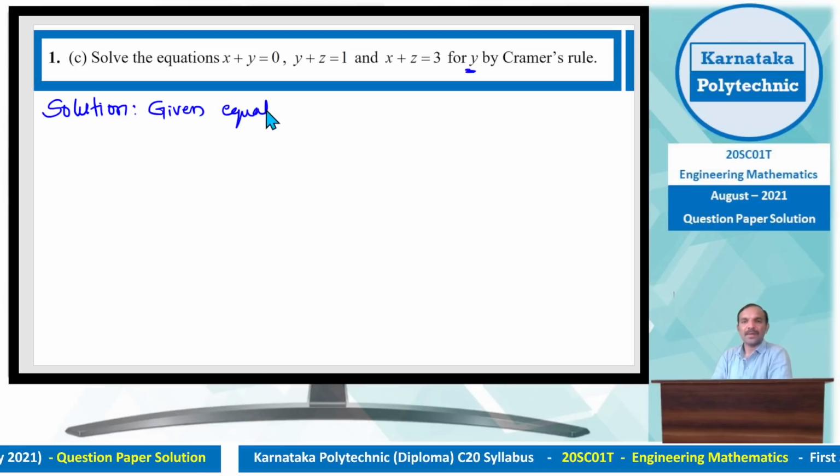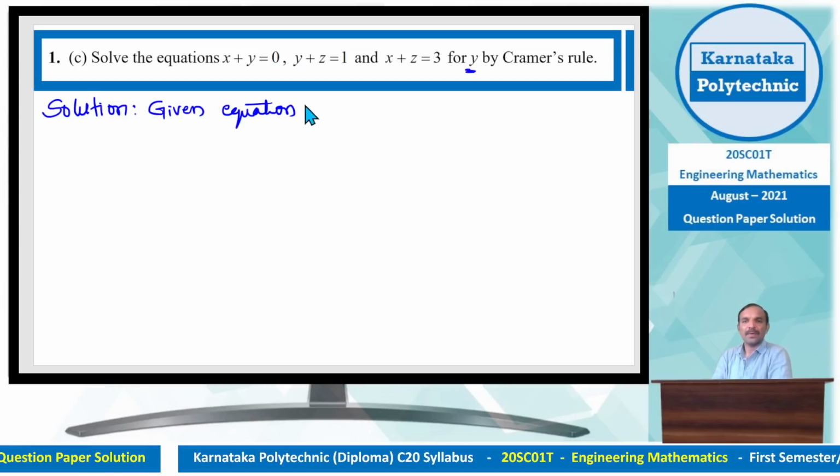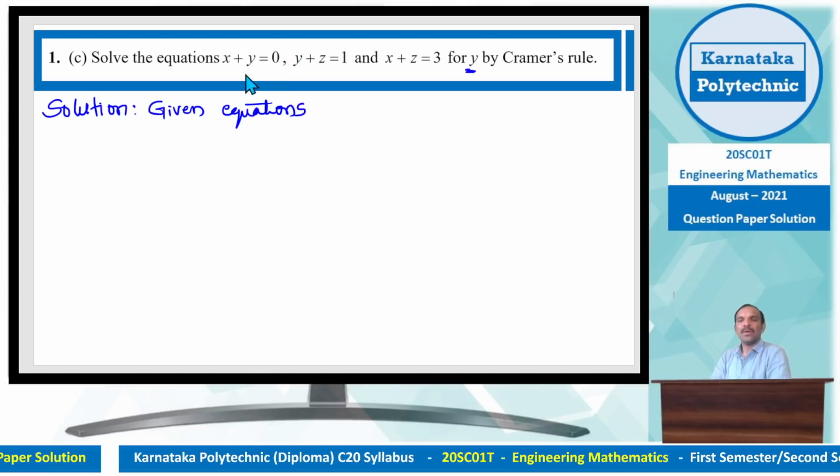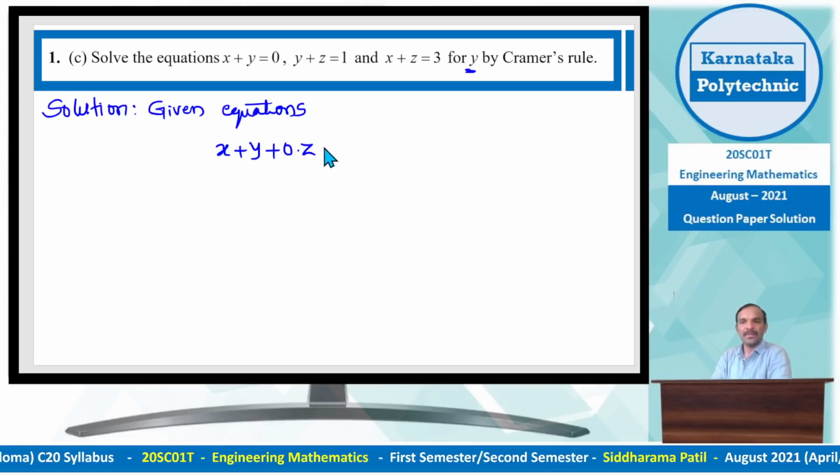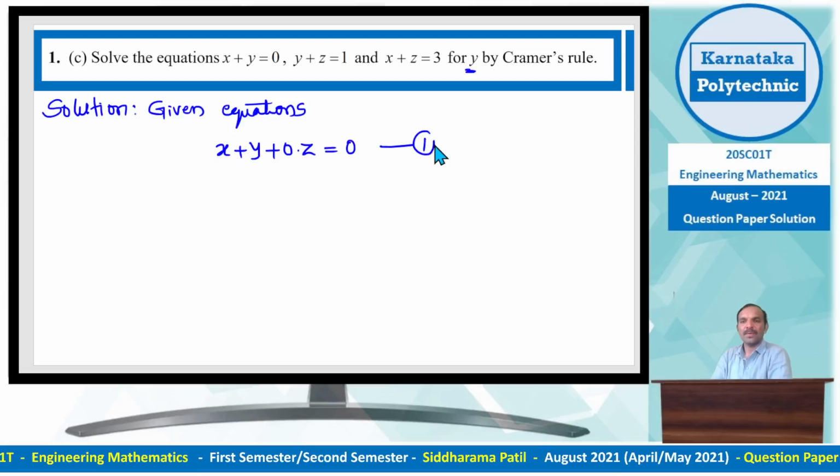The given equations, you have to write in x, y, z format. The first equation is x plus y; there is no z term, so write it as 0 into z, equal to 0. It is your equation number 1.